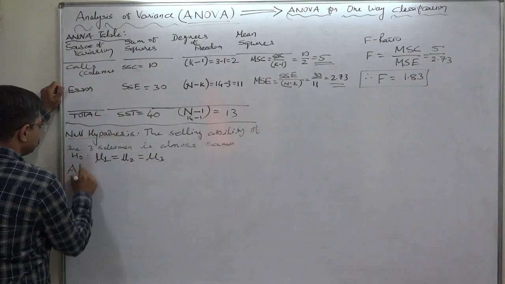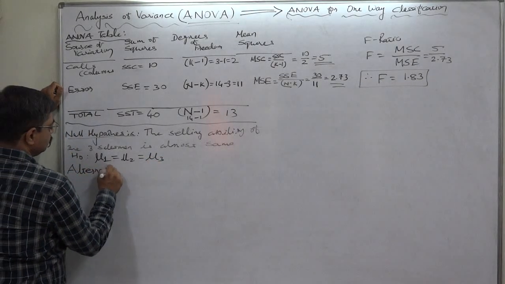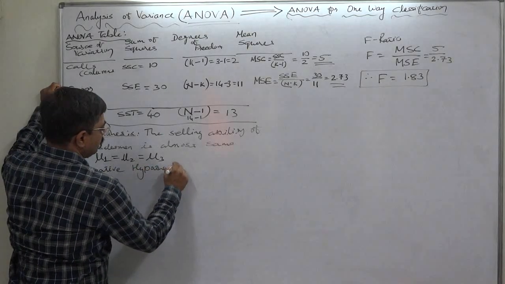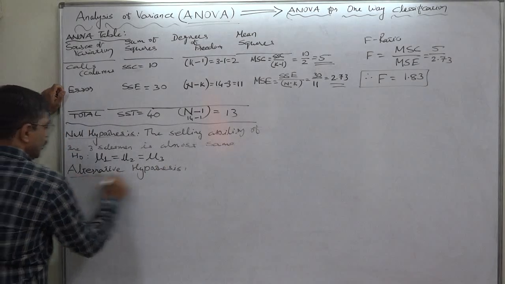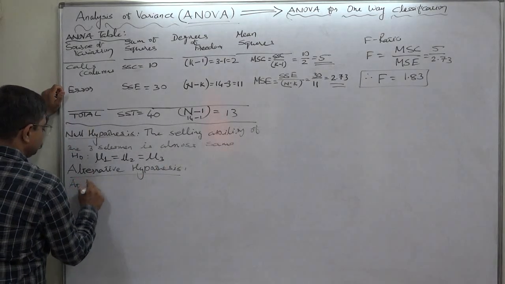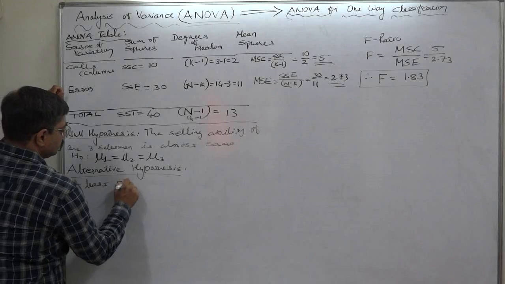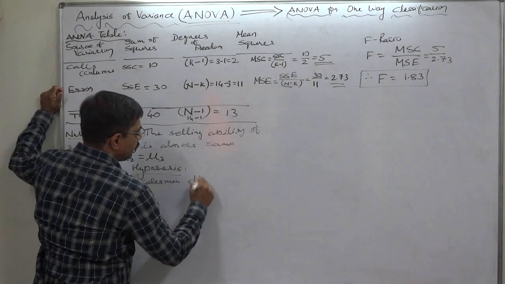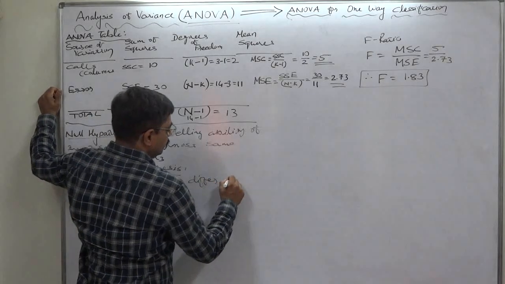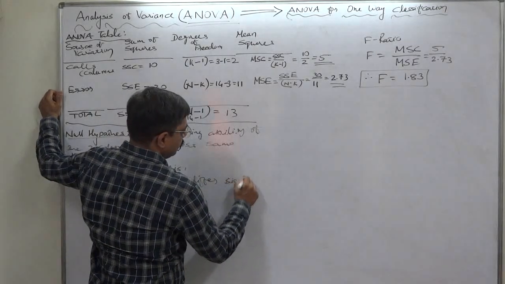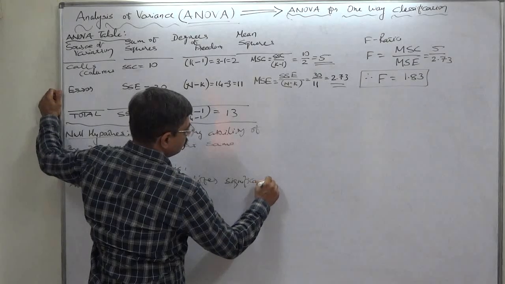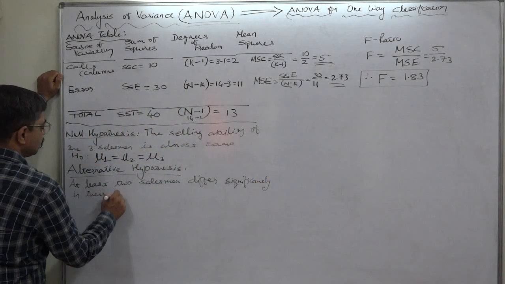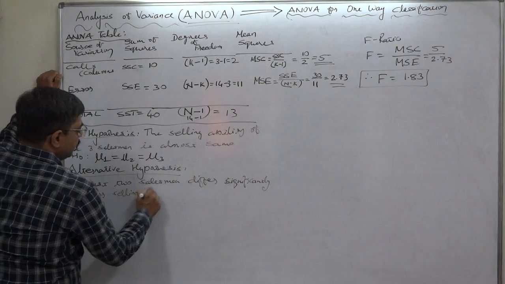And the alternative hypothesis will be: at least two salesmen differ significantly in their selling ability.